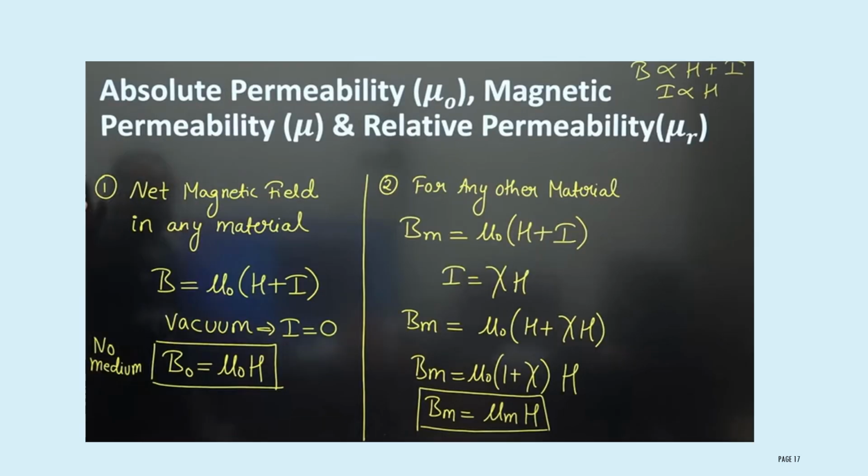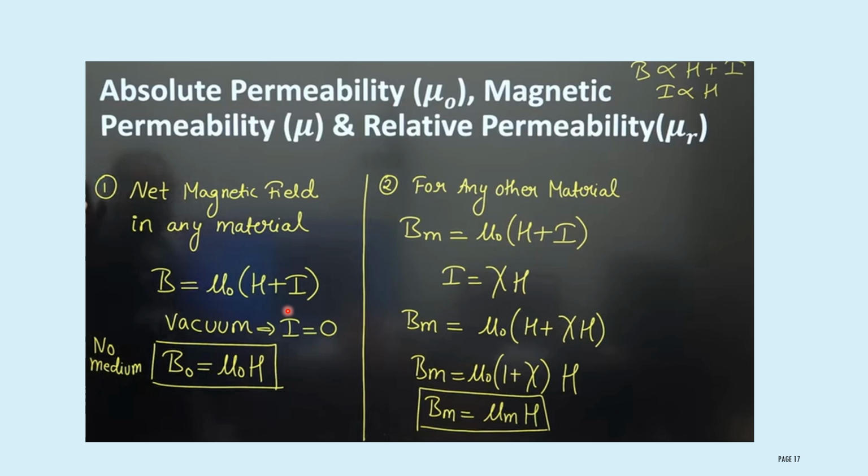Let us see a few formulas. Absolute permeability mu naught, magnetic permeability mu, and relative permeability mu r. Net magnetic field in any material, you know the formula. B will be equal to mu naught into H plus I. Consider the case of a vacuum. In vacuum you are not having any atoms.